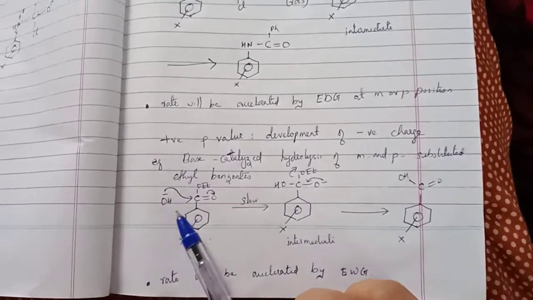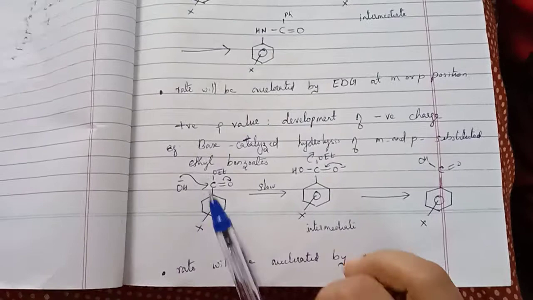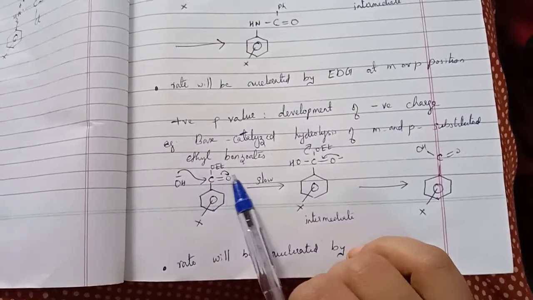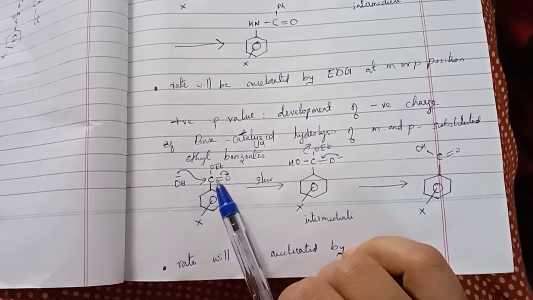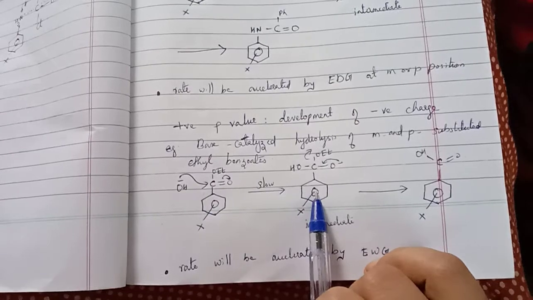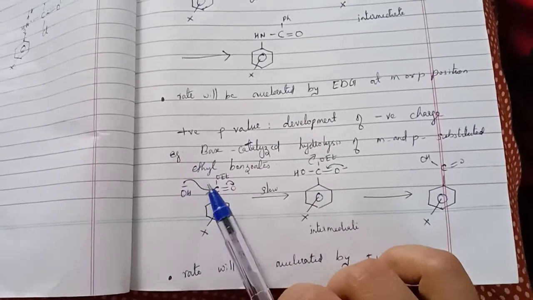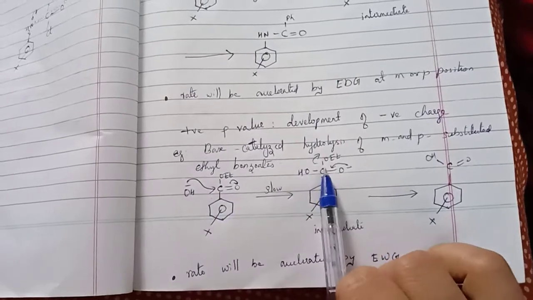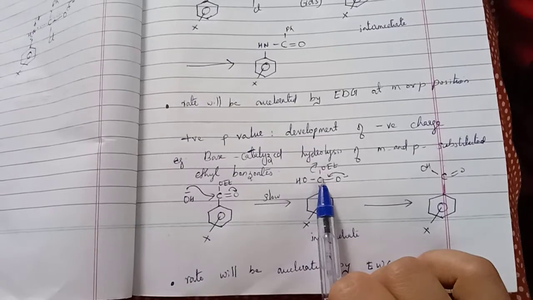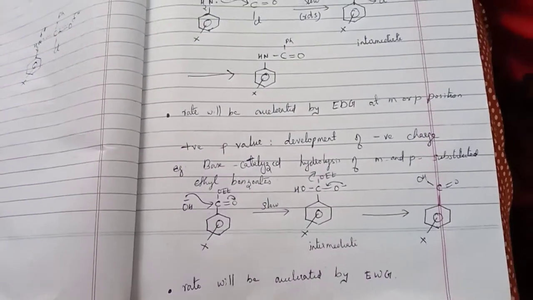Okay, in this case we have to draw the transition state also. Here carbon is having a delta positive charge, delta negative charge. Okay, and when it comes to this, that charge on the carbon is gone. So from delta positive charge to neutral, that means diminishing of positive charge. We can consider like that.